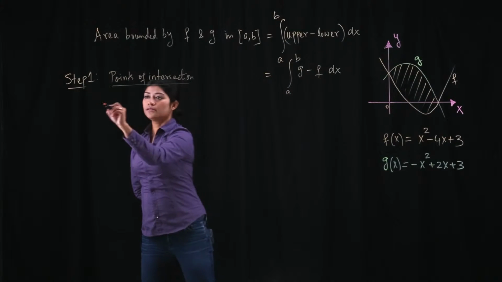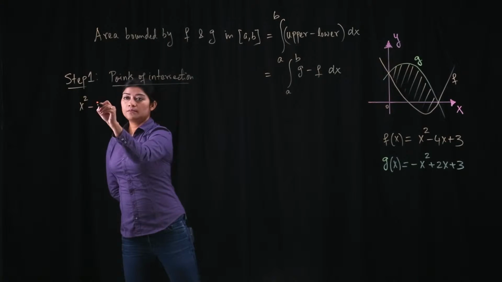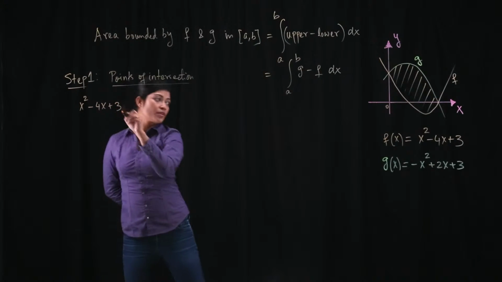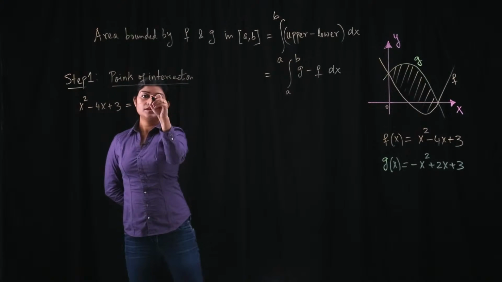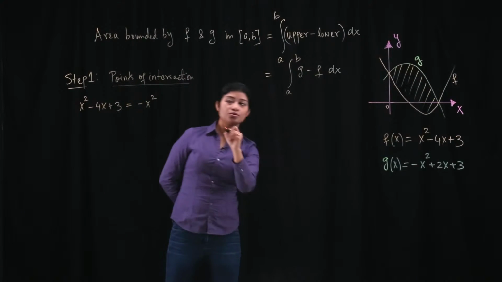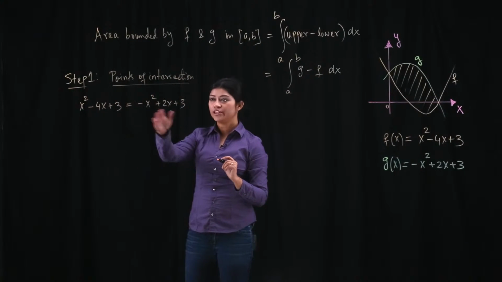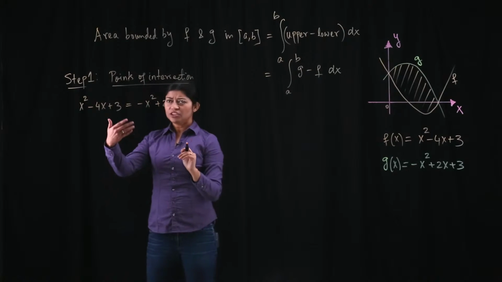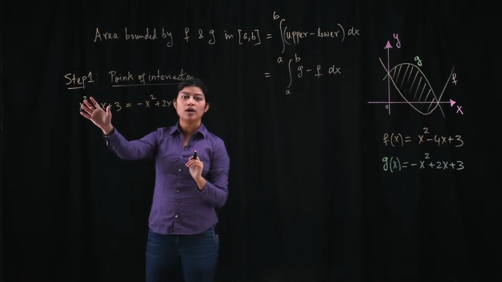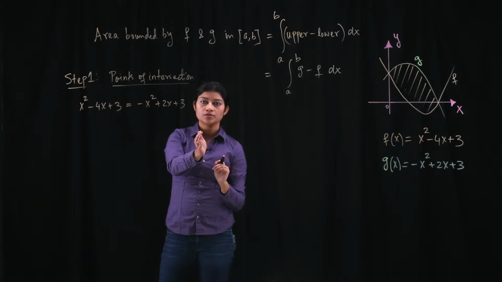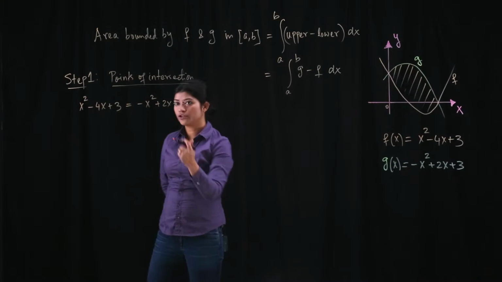One of the functions is x squared minus 4x plus 3, and the other one is negative x squared plus 2x plus 3. You set them equal to each other, and then solve for x. The best way to do it is to bring everything to one side and set it equal to 0, and then you can probably factor the quadratic.